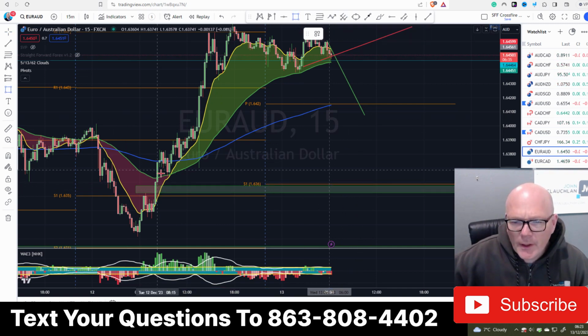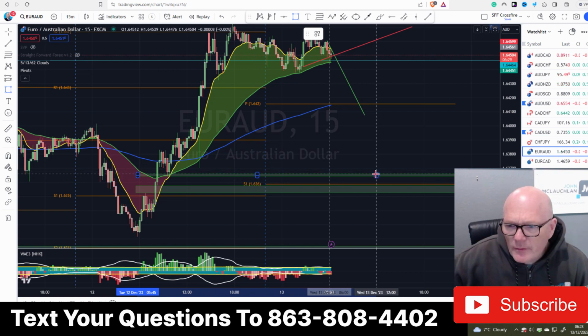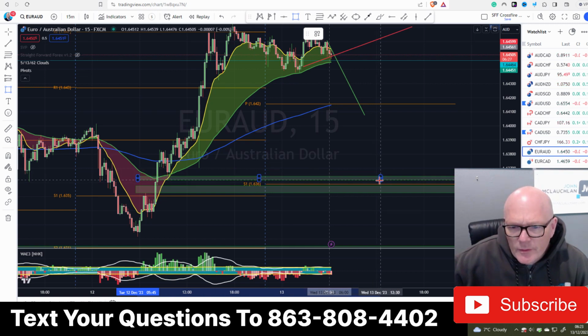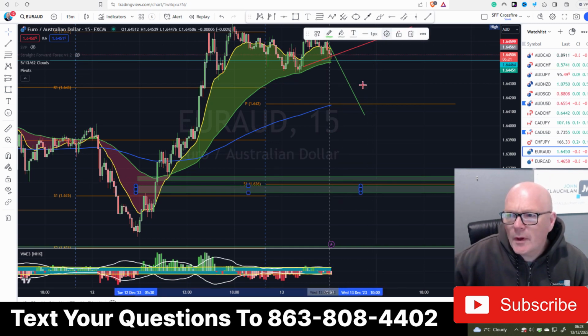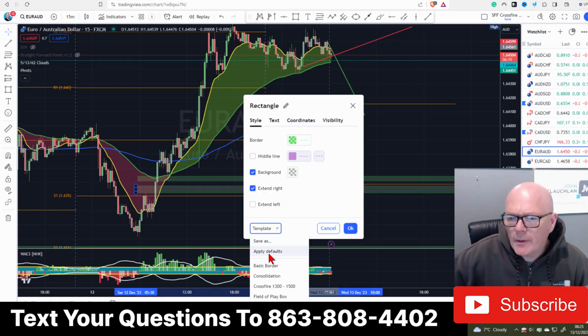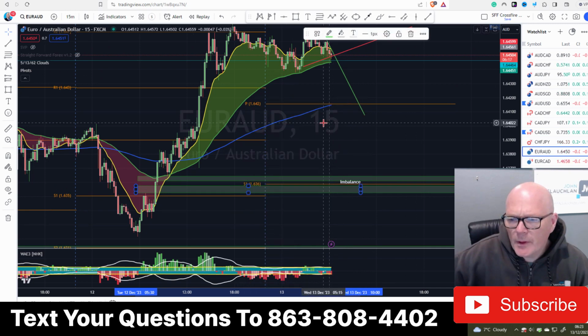I'm going to put it on fairly quick because I don't want to spend loads of time explaining imbalance, because it's more important to start looking at price action. And let's just put our imbalance on there.